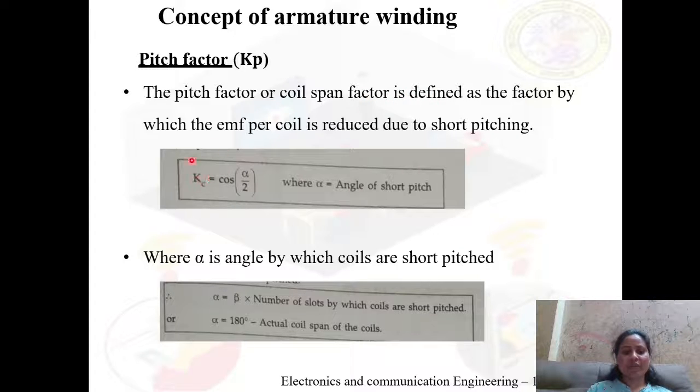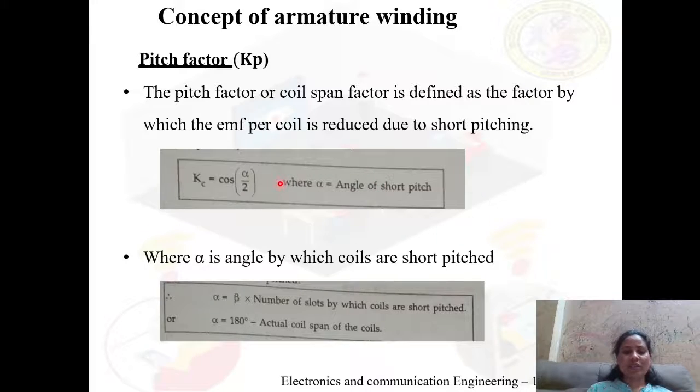Here I have represented this with Kc. Kc or Kp, both are the same: pitch factor or coil span factor. The pitch factor or the coil span factor can be defined as the factor by which the EMF per coil is reduced due to short pitching. Okay, and here Kc is cos of alpha by 2, where alpha is the angle of short pitch.